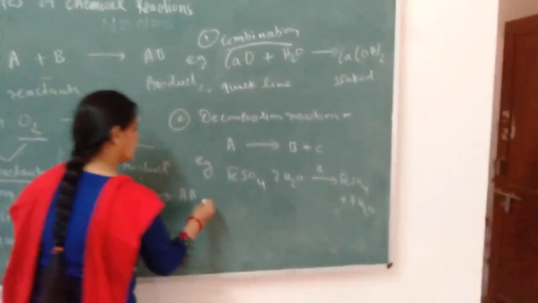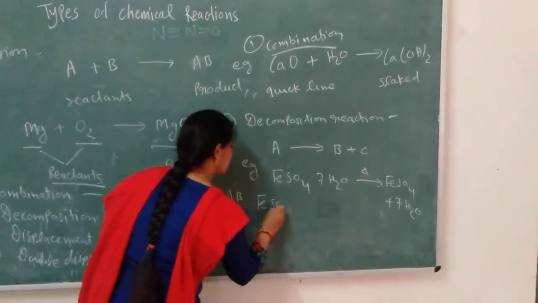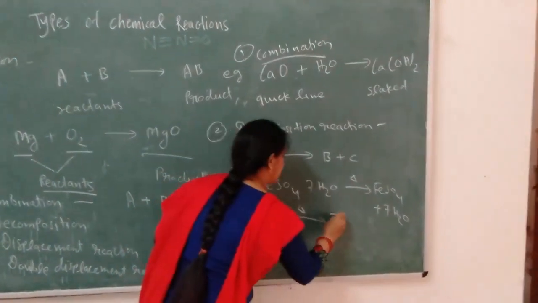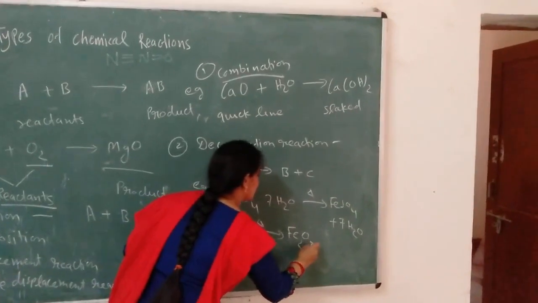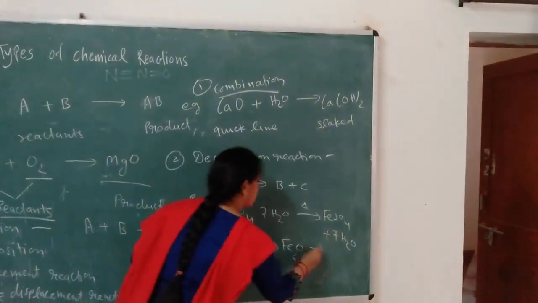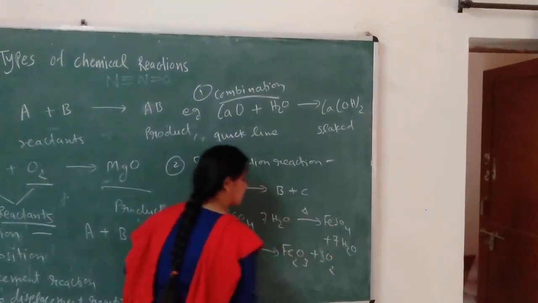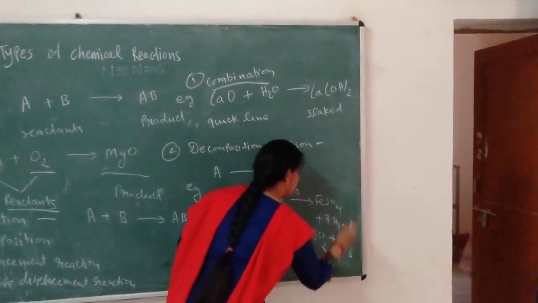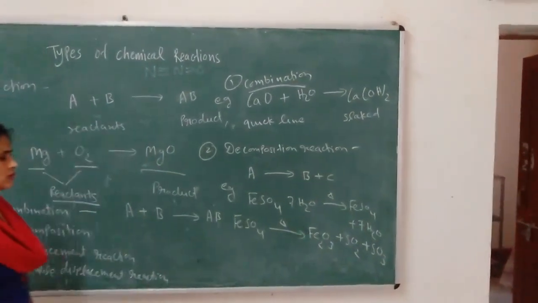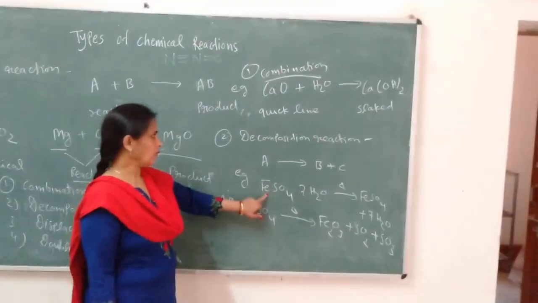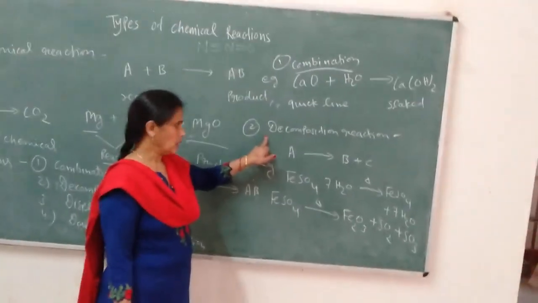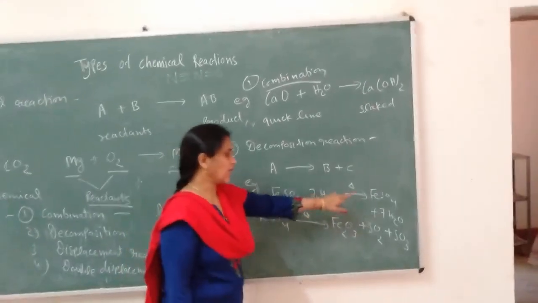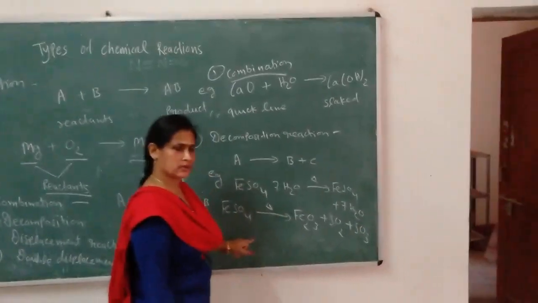On further heating, this ferrous sulfate further breaks down into Fe2O3, that is ferric oxide, SO2, that is sulfur dioxide, and another, that is sulfur trioxide. So this is the example of decomposition reaction. In such type of reaction, a single reactant breaks down into two or more products.